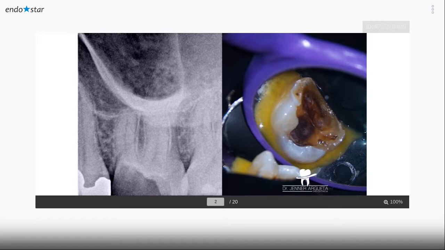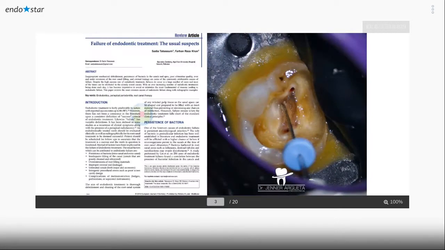And as you can see, we do not have a pulp chamber here. We have that absence of pulp chamber, and we need to look for a convenient way to go and look for the canals.